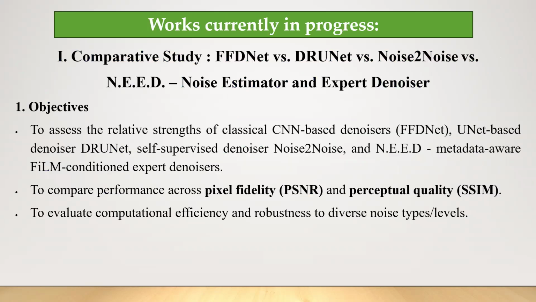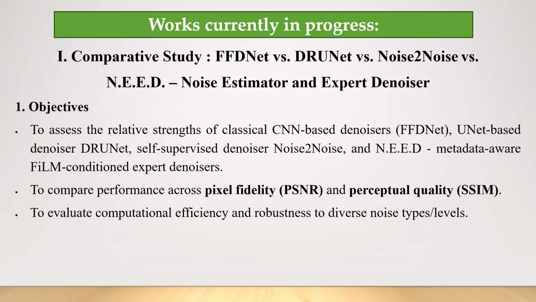I am currently working on the first and second works. I have started the study comparing this noise estimator and expert denoiser with FFD-Net, DRUNet, and Noise2Noise. These three are the commonly available network technologies for image denoising.